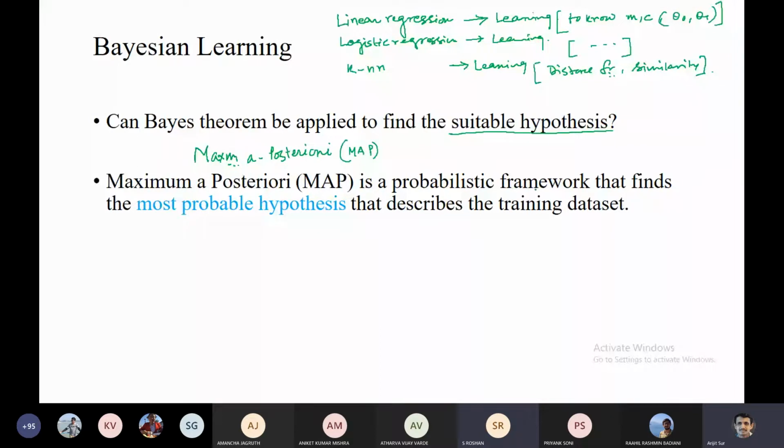It finds the most probable hypothesis that describes the data set. Okay, so what does most probable mean? It means argmax of H, probability of H given D. I'll come to how it is actually derived.